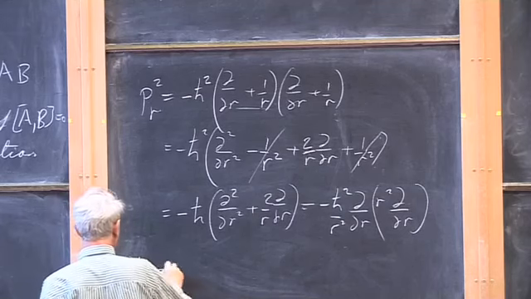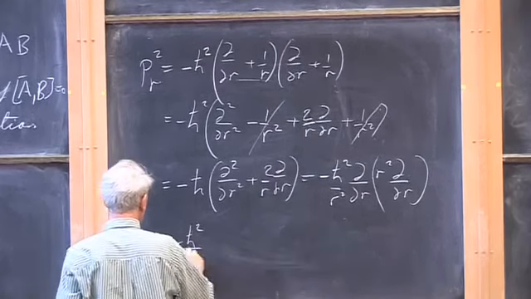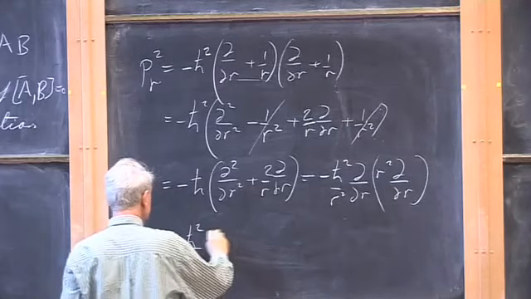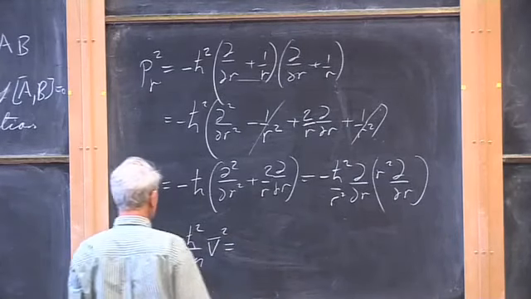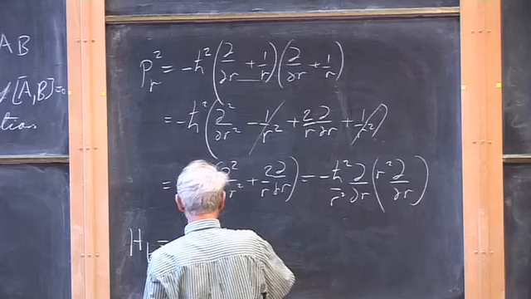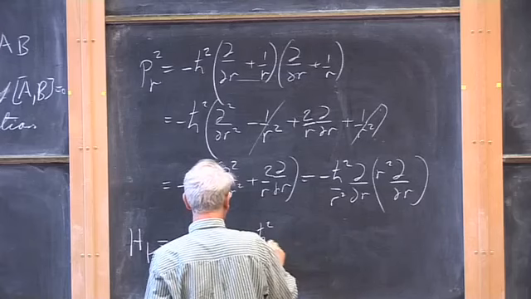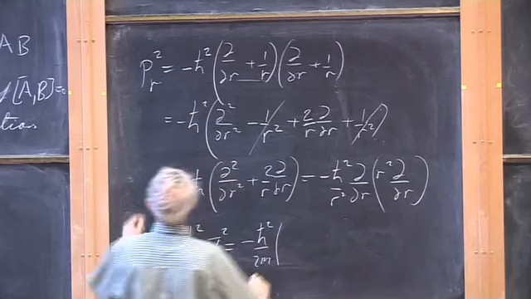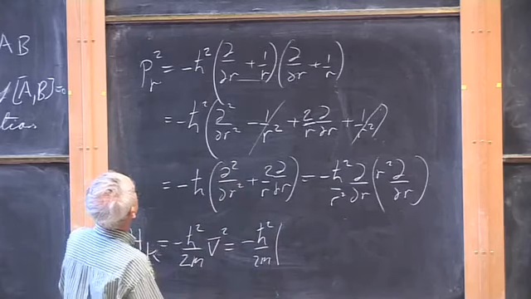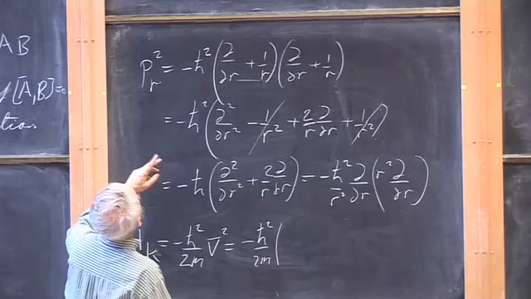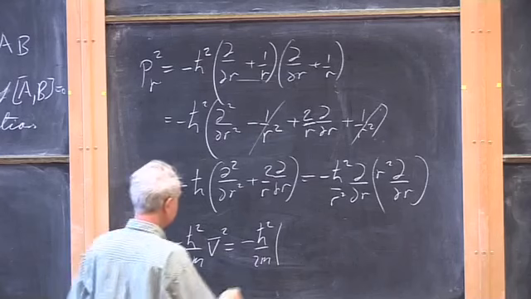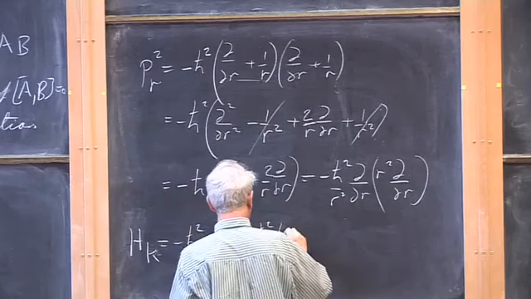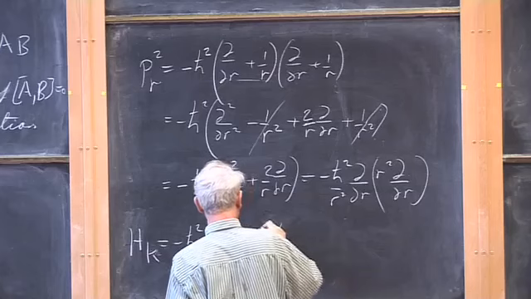we've now shown that the kinetic energy operator, which is minus h bar squared over 2m del squared, is also minus h bar squared over 2m of... well, let's leave that outside.